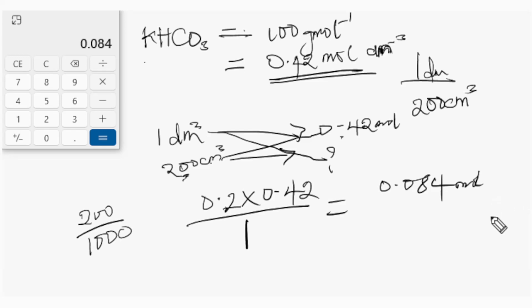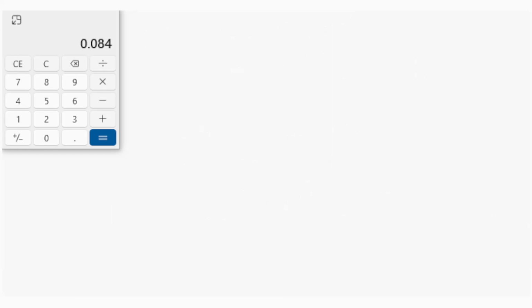So guys, now that we have gotten the number of moles here to be 0.084 moles, we are going to wipe this entirely, and then we have 0.084 moles given here now. Since we have the number of moles now, we can go ahead and get the mass in grams, since we have been given the mass concentration.